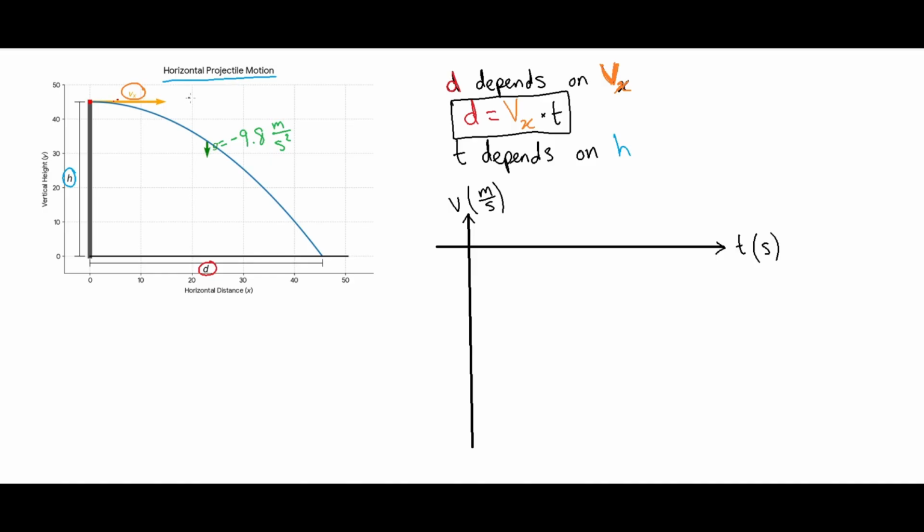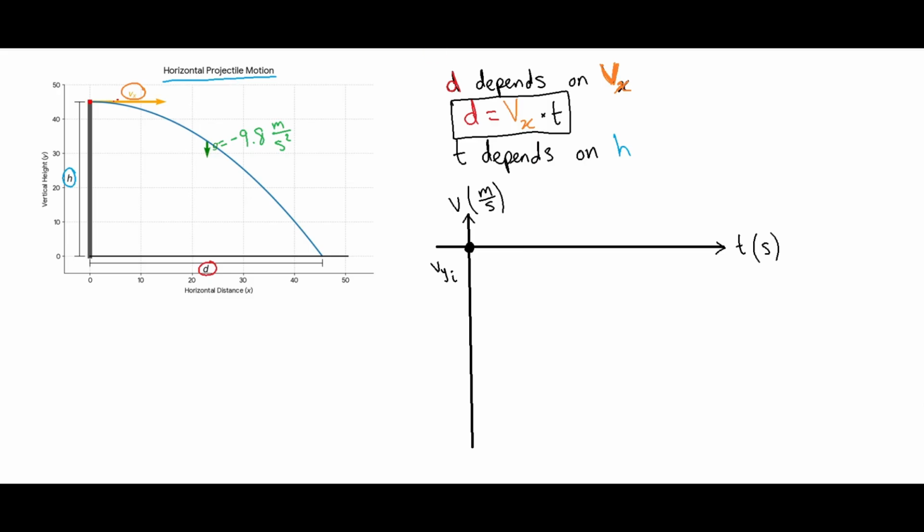So we have launched this projectile, this red dot, I guess you could say. The initial velocity is going to be right over here at 0, and we're going to label that as VYI, the initial vertical velocity.